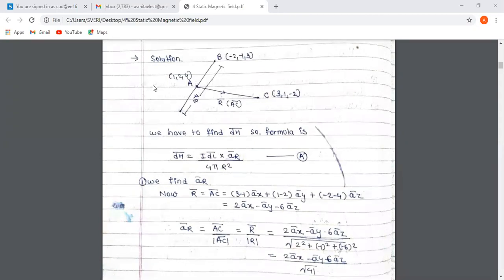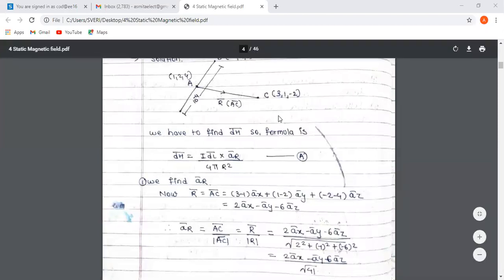So here the end point is 3, -1 into unit vector a bar x, as both points are given in the Cartesian coordinate system, then plus 1 minus 2 into a bar y, plus -2 minus 4 into a bar z. So this r bar is equal to 2 a bar x minus a bar y and minus 6 a bar z.